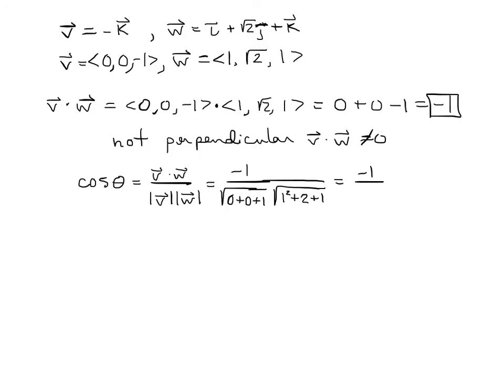So we get -1 over 1 times root 4, which is 2. So we get -1/2. So if the cosine of the angle is -1/2, then what's theta? You'd have to think of your unit circle. It's going to be past pi over 2, in that second quadrant, and it would have to be 2 pi over 3. So the cosine of theta was -1/2, and so theta is going to be 2 pi over 3.